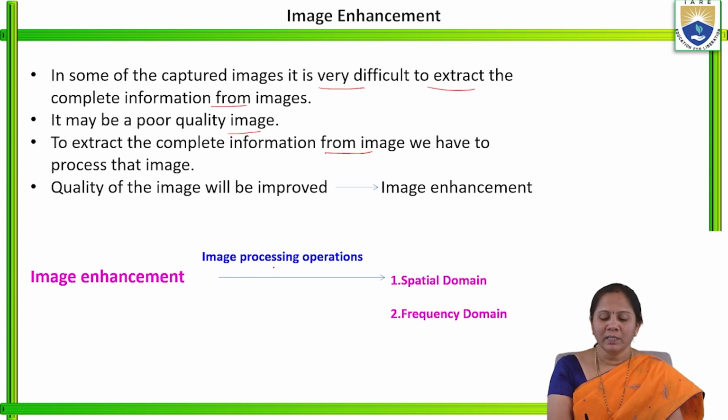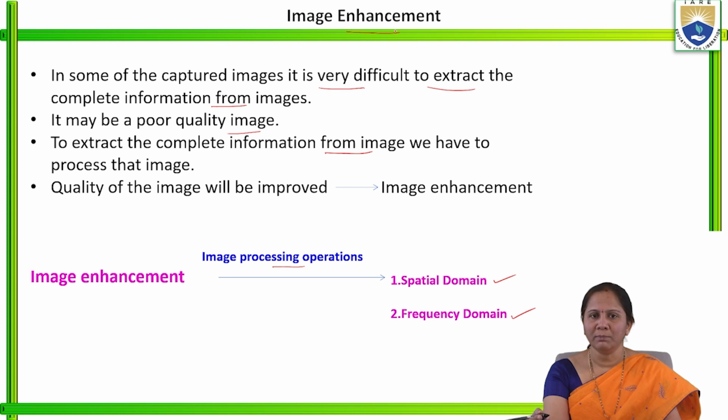Here, for the image processing operations in order to enhance the image, we can apply the spatial domain or the frequency domain. So now in this module, we will look at image enhancement in both the domains.